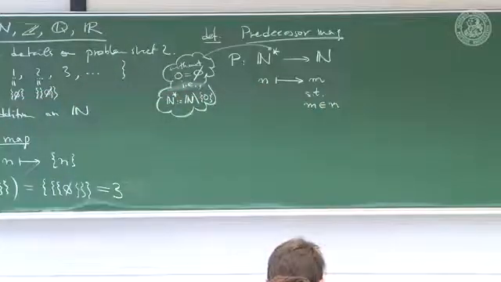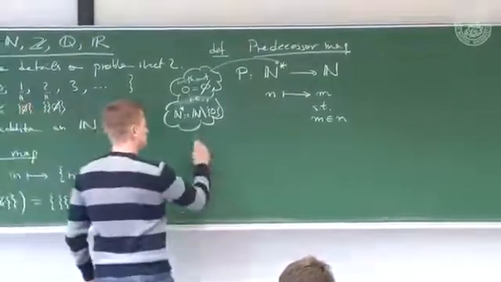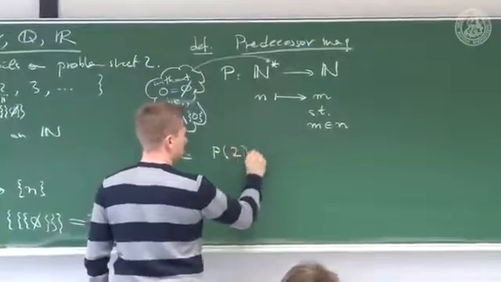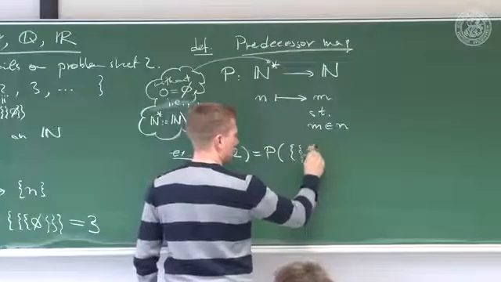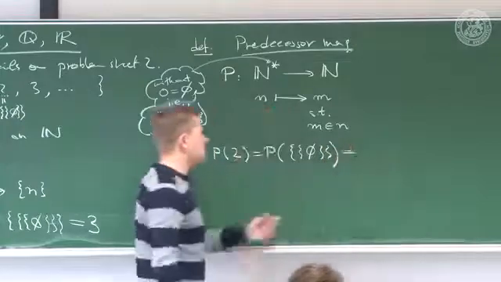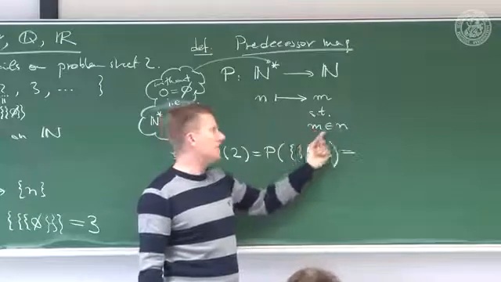Now, why does this work? Well, example. The predecessor of 2 is the predecessor of bracket layer, empty set, bracket, bracket, equals. So this is n, and now I need to take some element m of n.